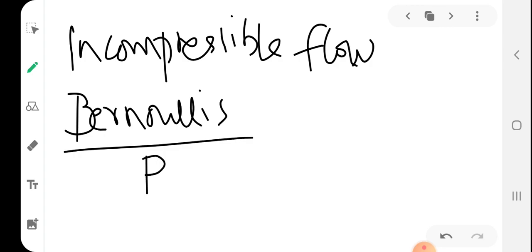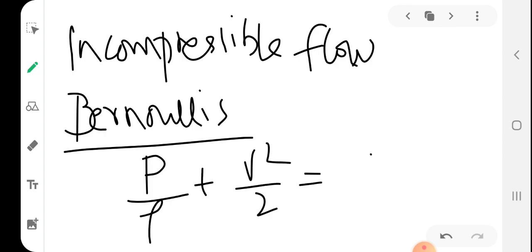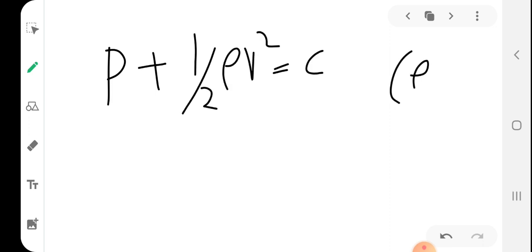It is P by rho plus V square by 2 equal to constant for the same Z. So when Z1 equals Z2, P by rho plus V square by 2 is constant. Since rho is constant in incompressible flow, you can write it as half rho V square equal to constant.